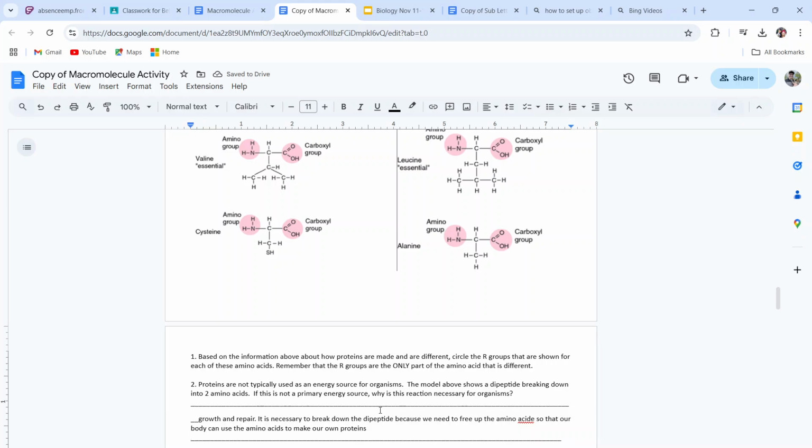So we're taking in that dipeptide through the food that we consume, we're breaking it apart, and we're using those amino acids that are freed up to make our own proteins.